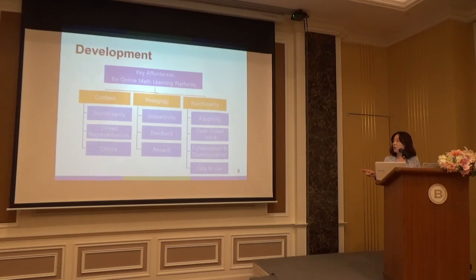So 3 elements in the content aspect, 3 elements in the pedagogy aspect, and 4 more elements for the functionality aspect. And 6 programs with a good level of completeness were selected for analysis in terms of how these key affordances for online math learning platforms would be reflected to take effect.